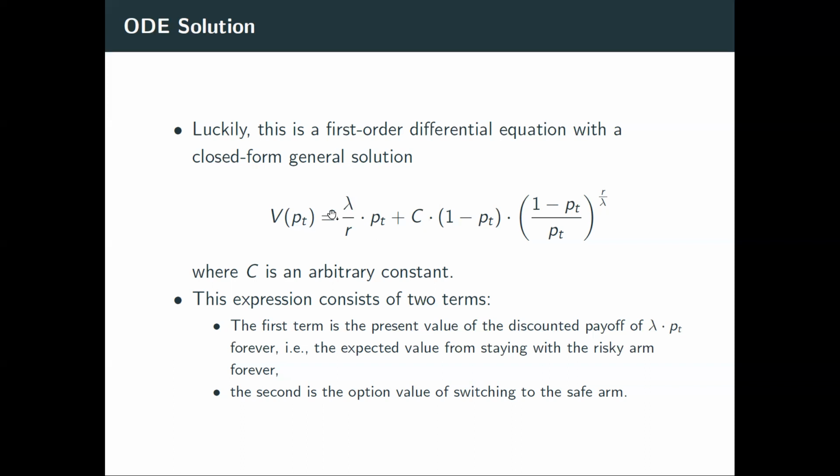But here, in any point in time, you have an option of switching to the safe arm if the risky arm will turn out to be bad, but staying on it if it turns out to be good, right? And therefore, what is clear here is that your value should be higher, right? And that's exactly this additional component which actually makes it higher.